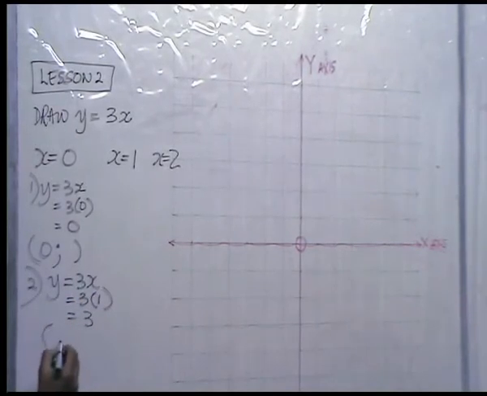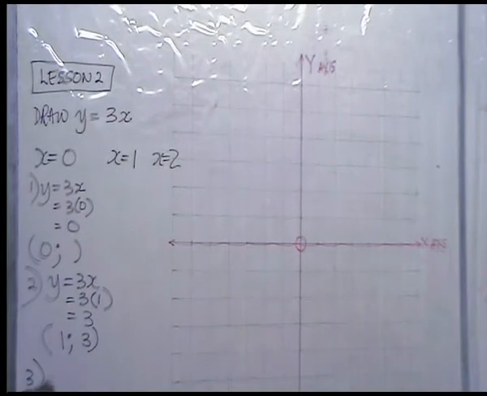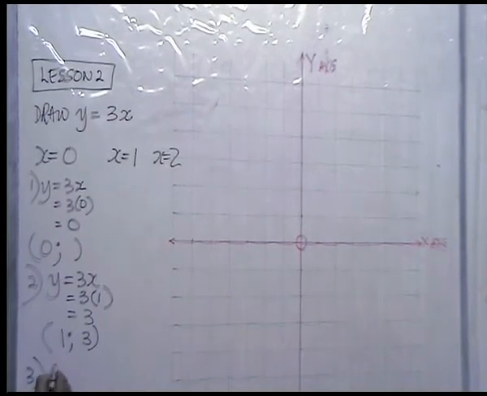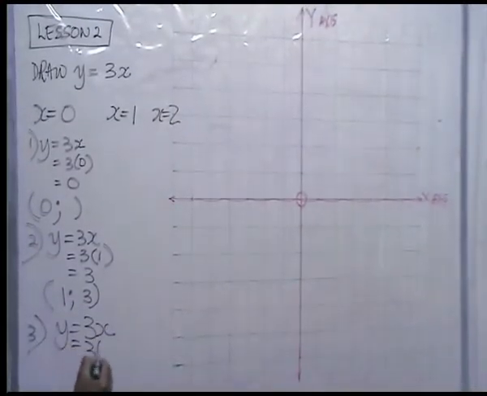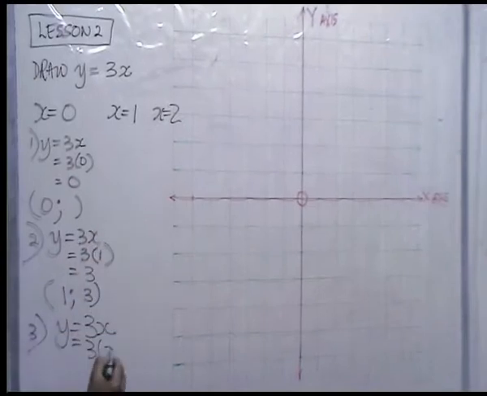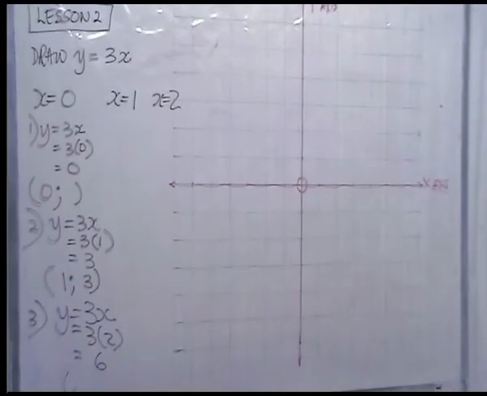So your second ordered pair is 1, 3. And then your third ordered pair, y is equal to 3x with x equal to 2, gives you 3 times 2, 6. So your third ordered pair is 2, 6.